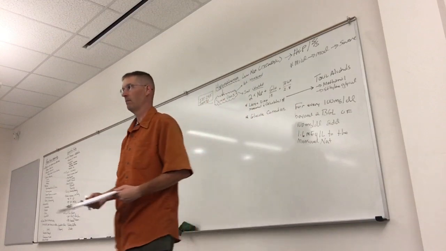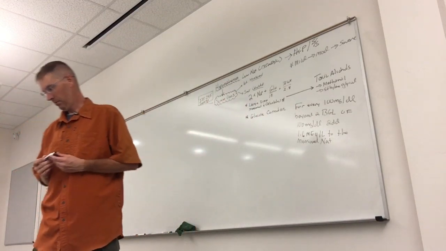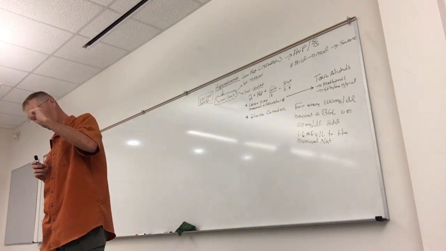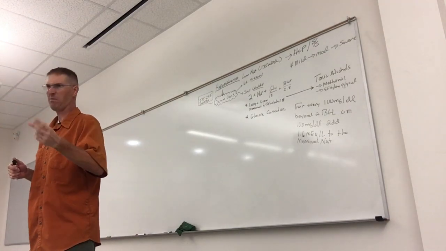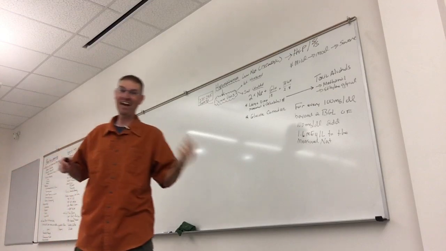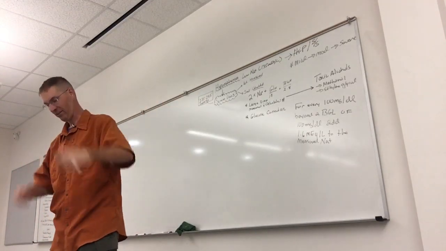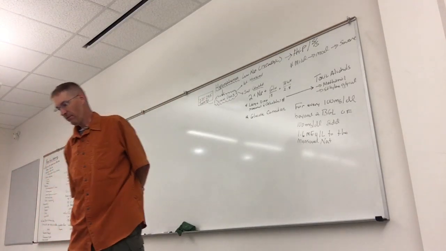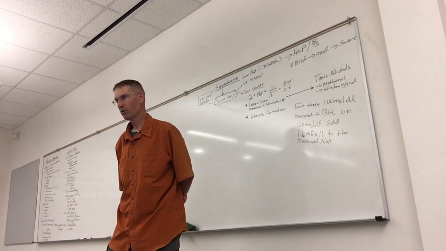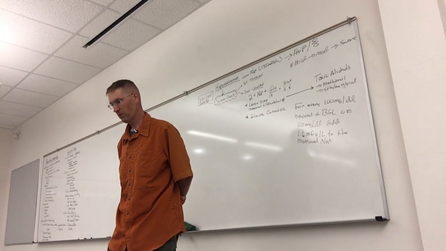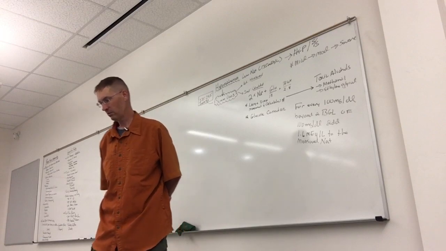All right? So for every 100 milligrams per deciliter, I keep mixing that up. I keep saying deciliter. It's a tenth of a liter. For every 100 milligrams per deciliter of glucose beyond 100 milligrams per deciliter, add 1.6 to the sodium.